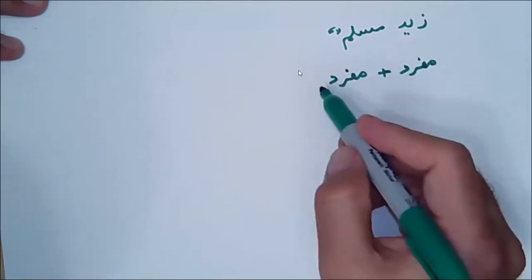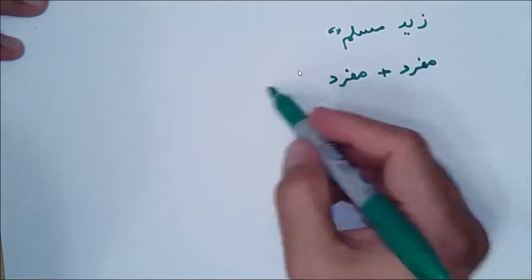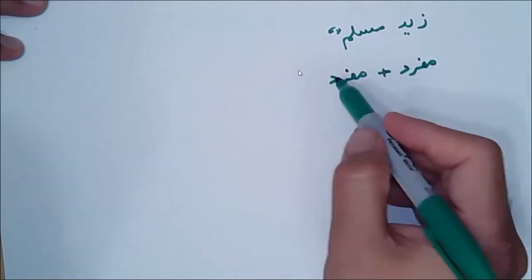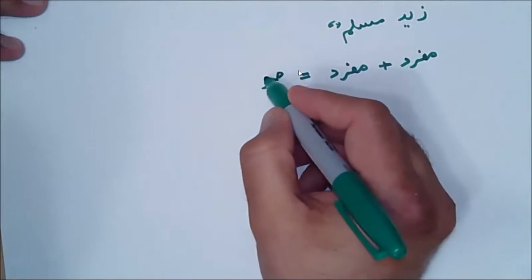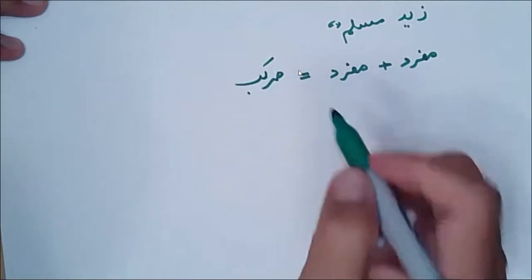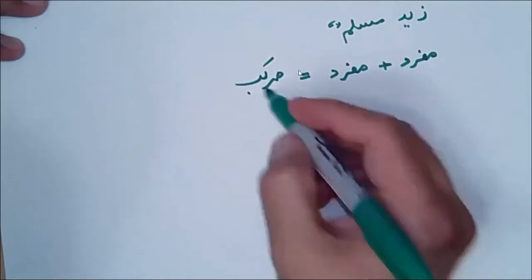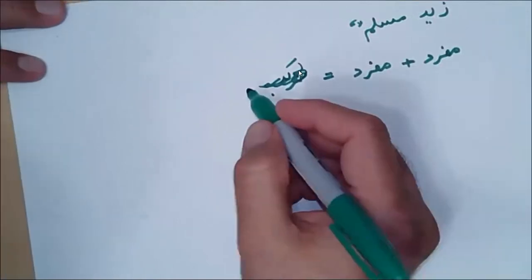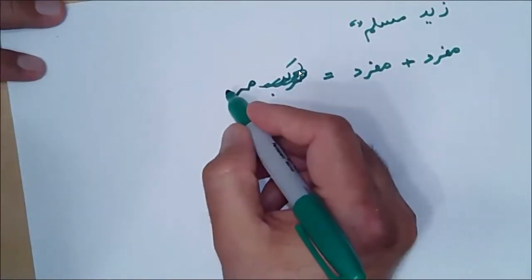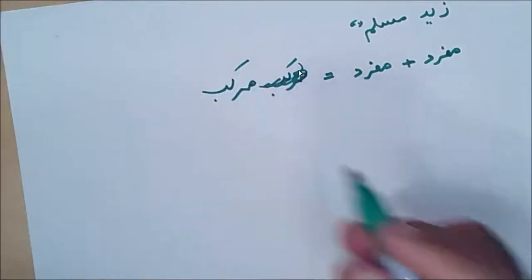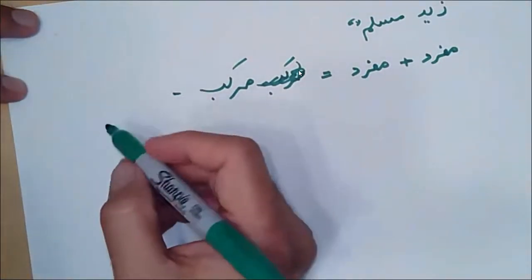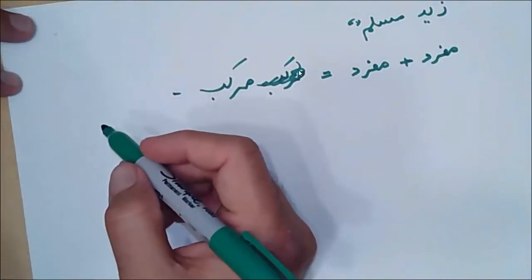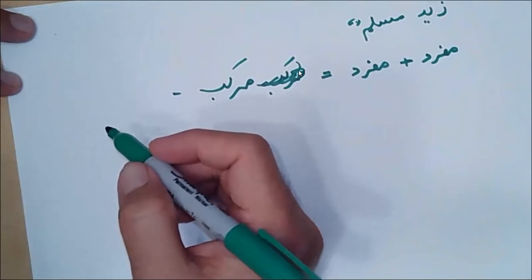When we add 2 or more words, we get something called a murakkab. Did I write it right? Yeah, I think it's right. Murakkab. In English, you know what a murakkab is known as? Anybody?